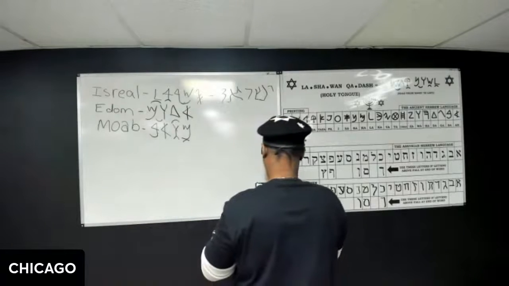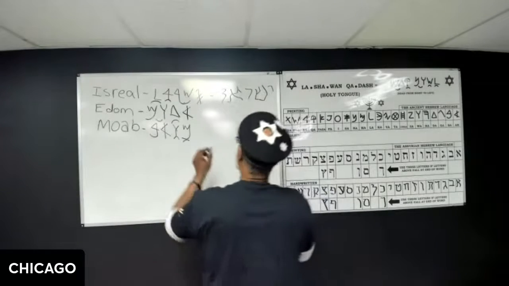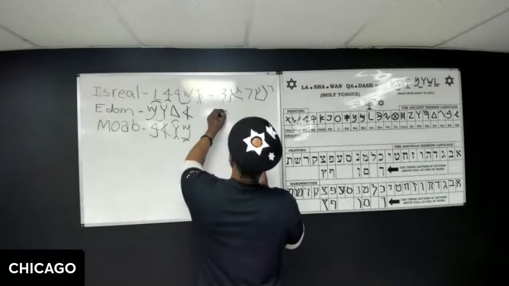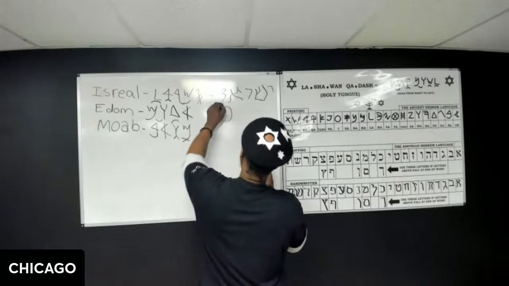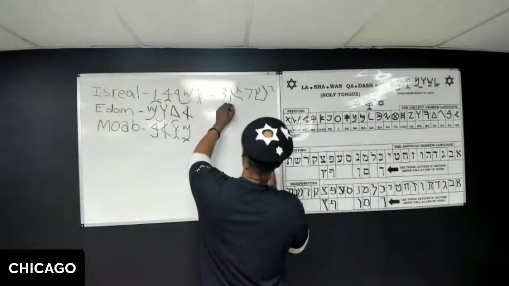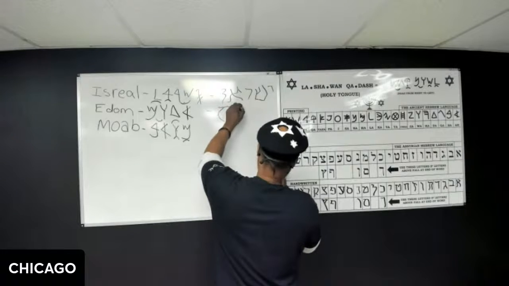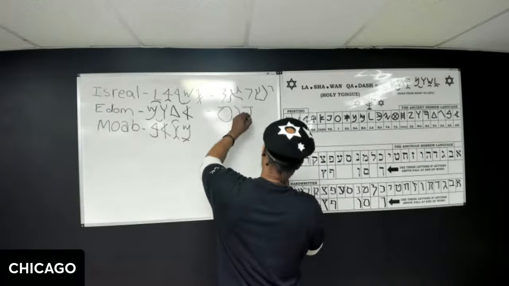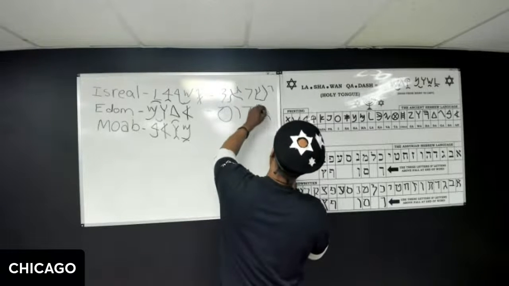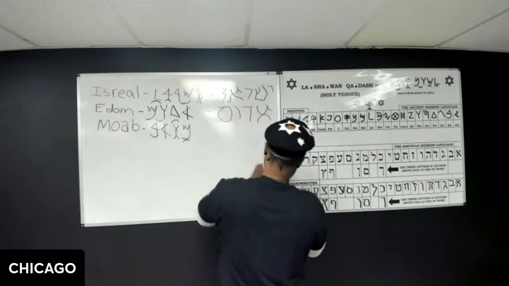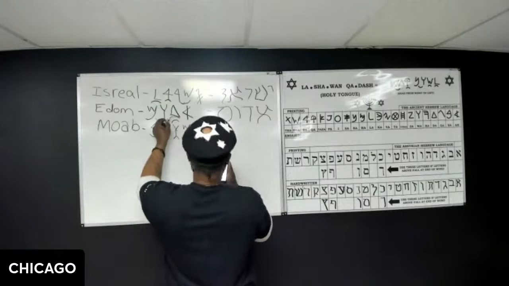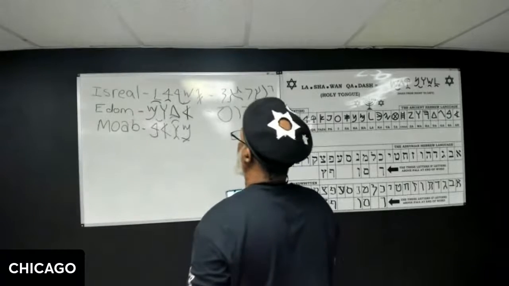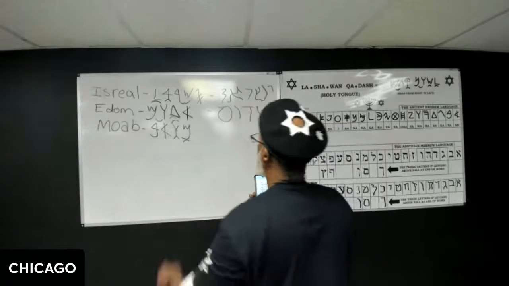That's in the ancient. Now, this is Assyrian. Oh, I didn't do the Assyrian over here. Okay, that's Israel, Edom, Moab.